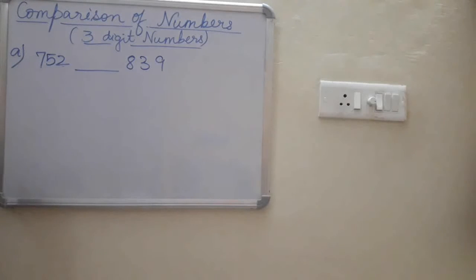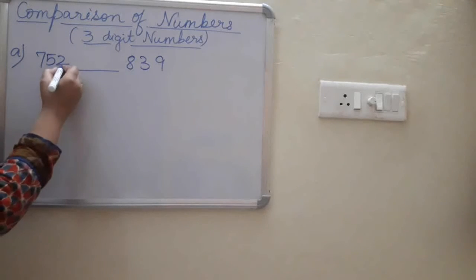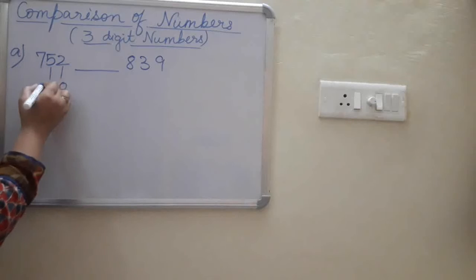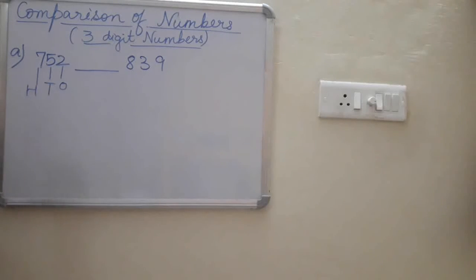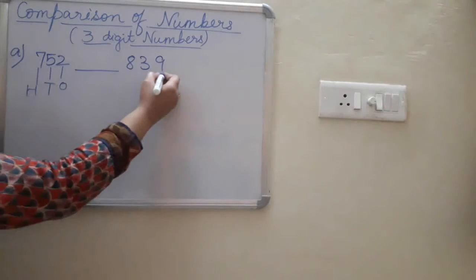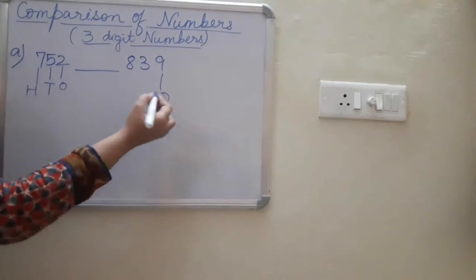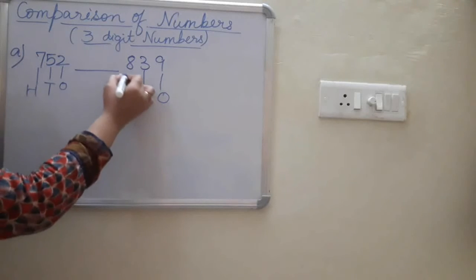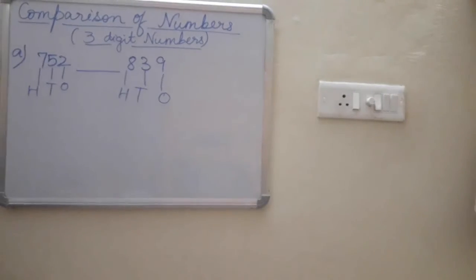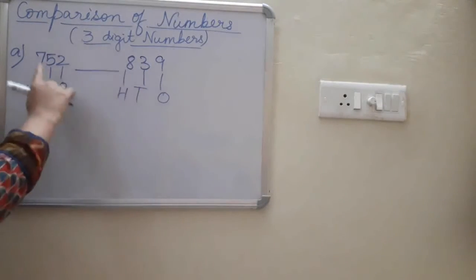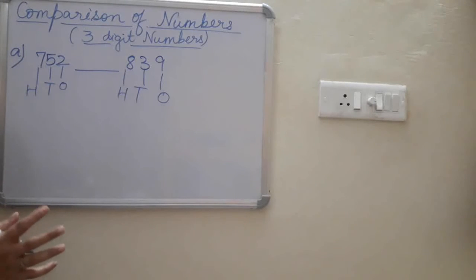I have told you just now, and once again I am telling you so that you remember. This is the digit at ones place, this is the digit at tens place and this is the digit at hundreds place.